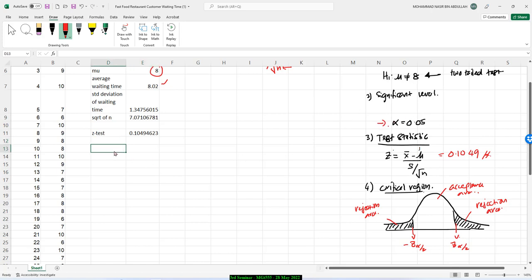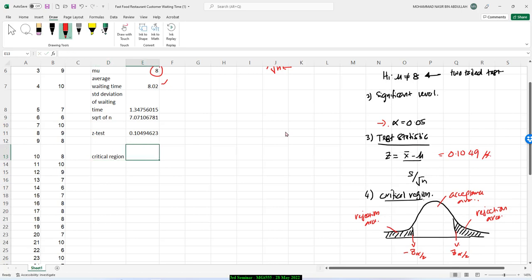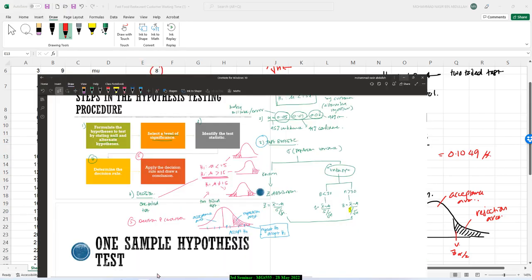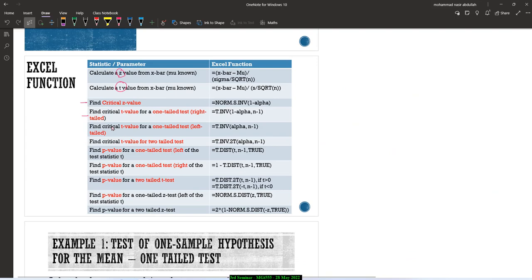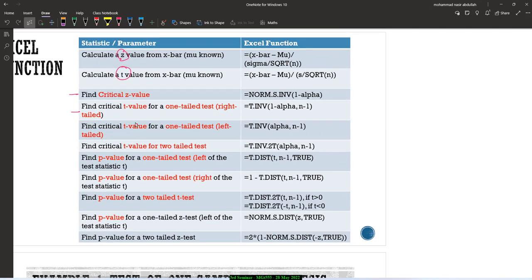So next, kita nak cari critical region. So critical region, kita tengok balik the statistic Excel punya formula. So to find the critical Z value, kita menggunakan NORM.S.INV(1 minus alpha).